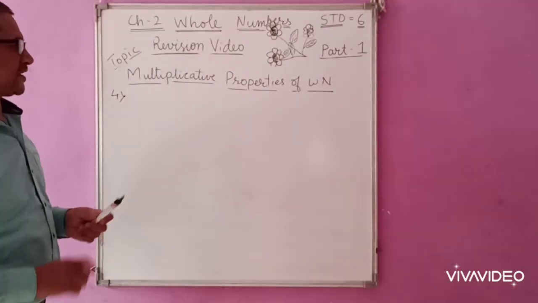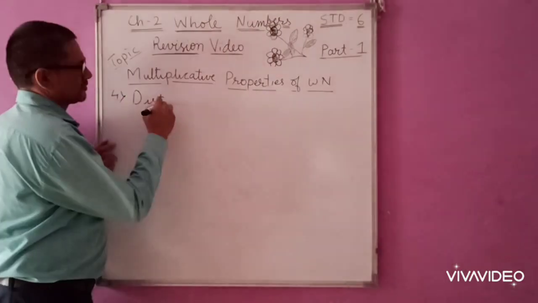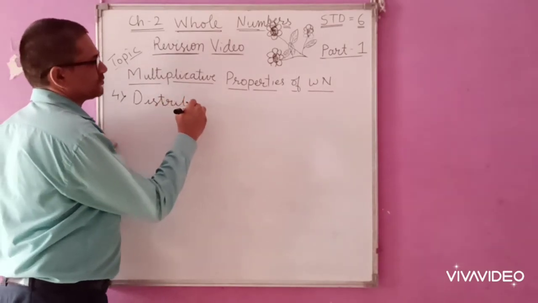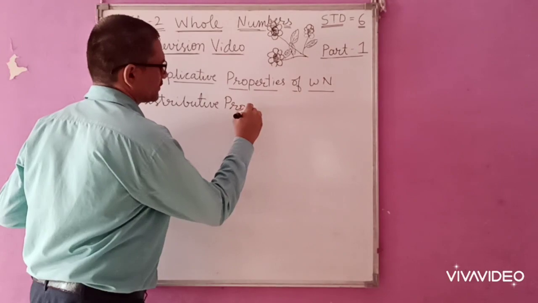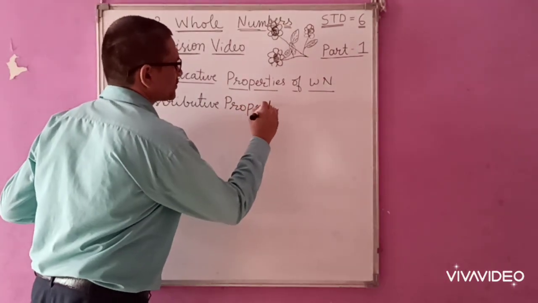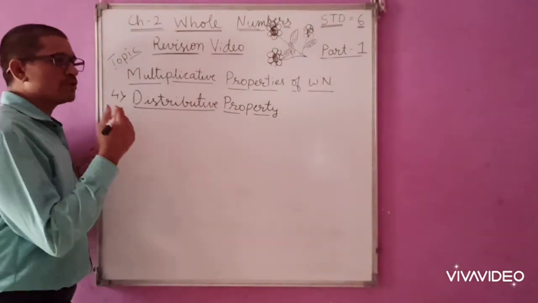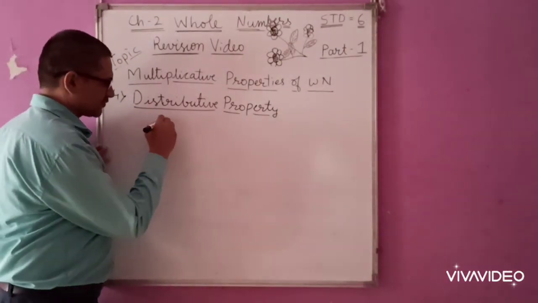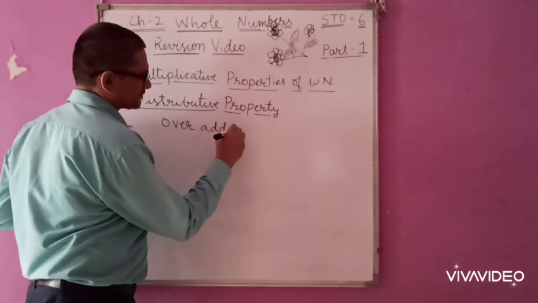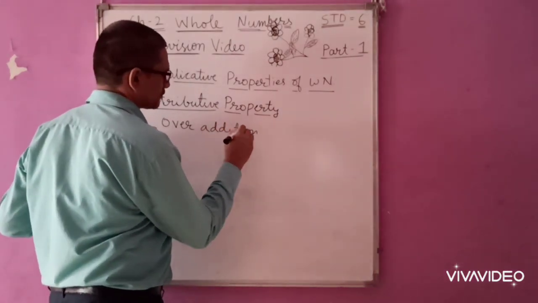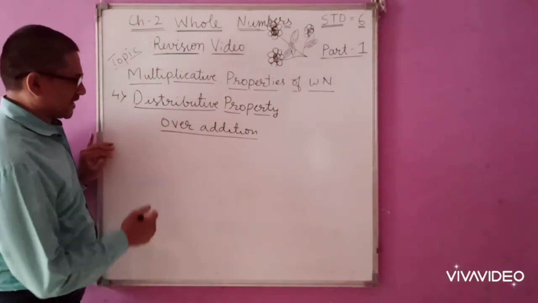Now the fourth property, the distributive property. Now what do you mean by the distributive property? There are two distributive properties. One is over addition and the other one over subtraction.